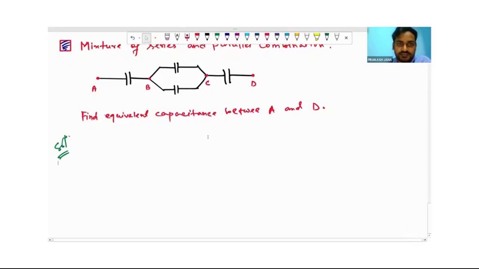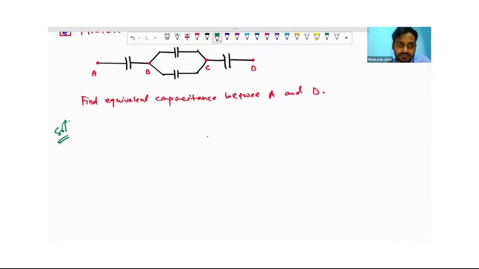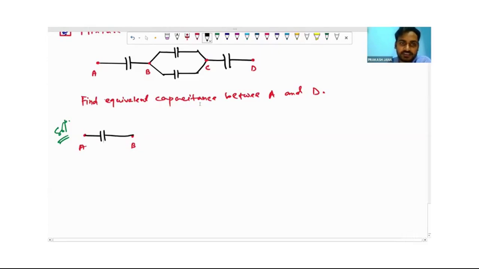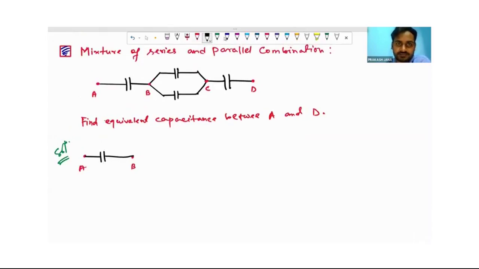Initially, see, this is point A and this is point B. The capacitor in between this, okay, we have to give the values as well.